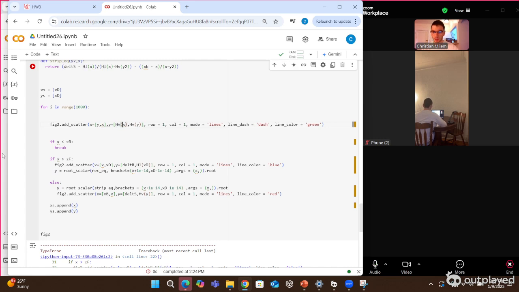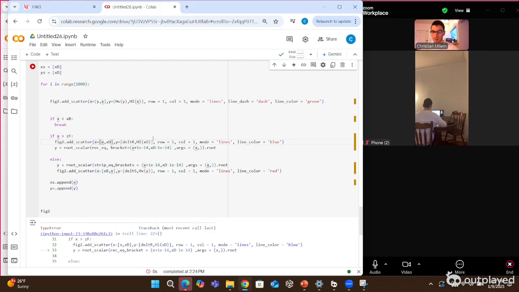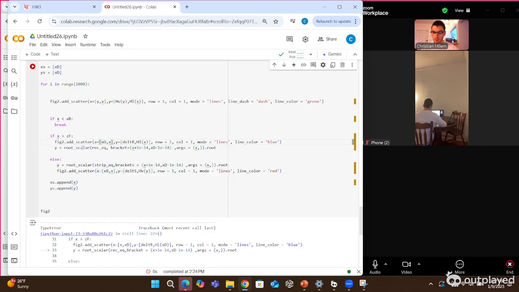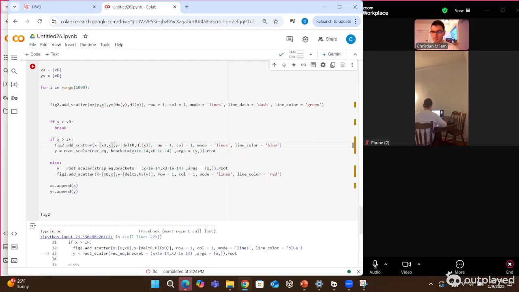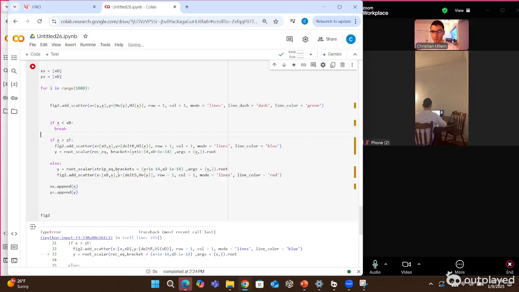So this should be HV, Y, L, X. And then this should be X, and this should be XD, X. Oh, this should also be Y right here. I think that should fix it.